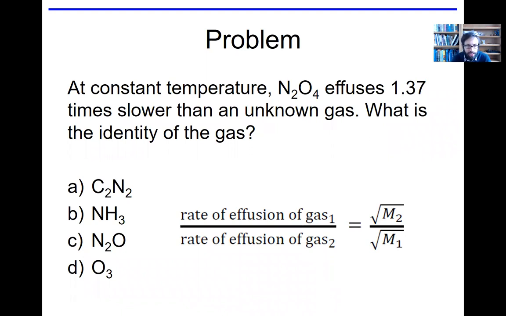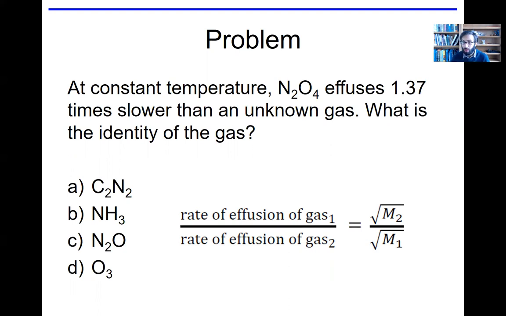So the problem states that at constant temperature, dinitrogen tetroxide effuses 1.37 times slower than an unknown gas. What is the identity of the gas? So this dinitrogen tetroxide is a gas, and it is the slower effuser.